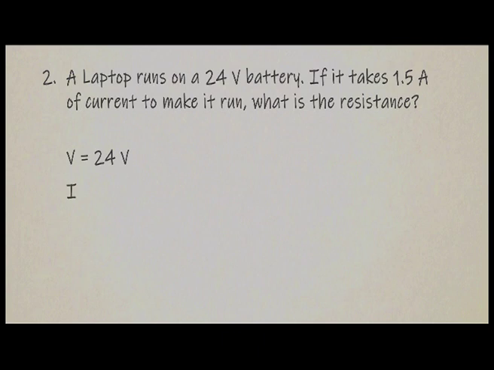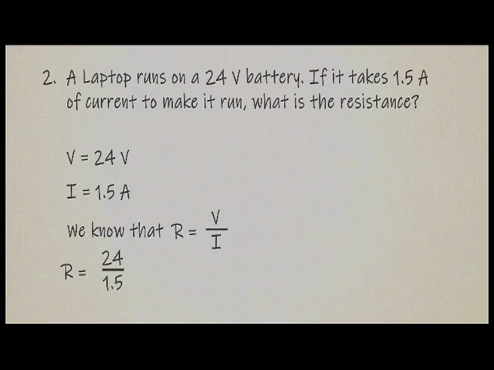Current, or I, is equal to 1.5 amperes. Now, what do you know? Since resistance is not given, we have to make use of the resistance formula. So we know that R is equal to V by I. That is, R is equal to 24 divided by 1.5, that is 16 ohms. Hope you are clear.